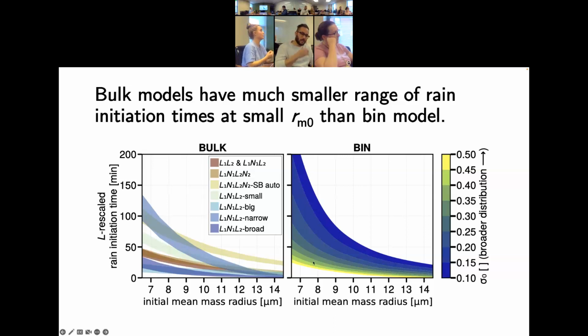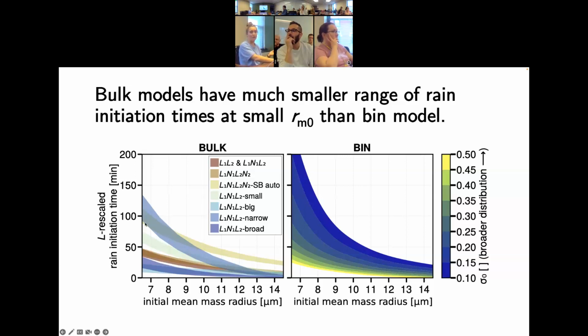And basically what we can see is that we, of course, don't capture this dependence on how wide the distribution is because that isn't something that the CMIP6 parameterizations have access to. And so because of that, we see fairly narrow ranges of spread in how long it takes to initiate rain once we've removed the dependence on the amount of water present as a function of the initial mean mass radius.